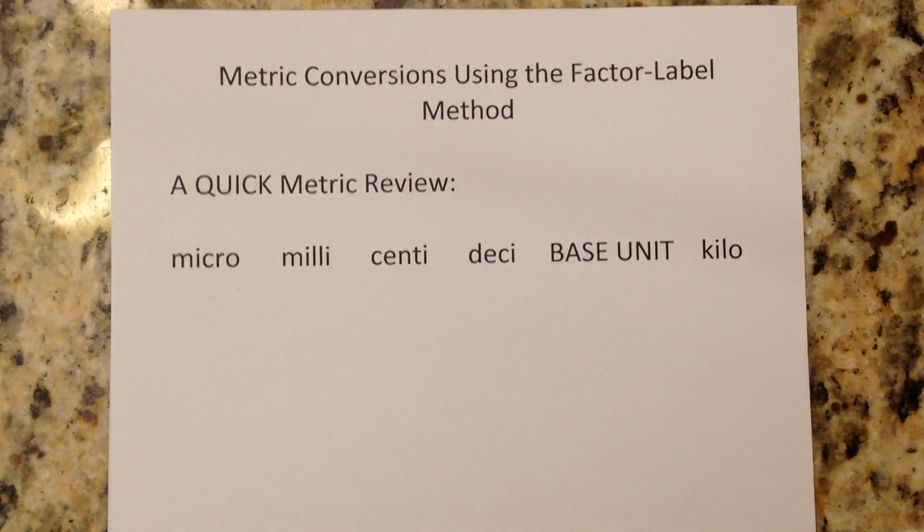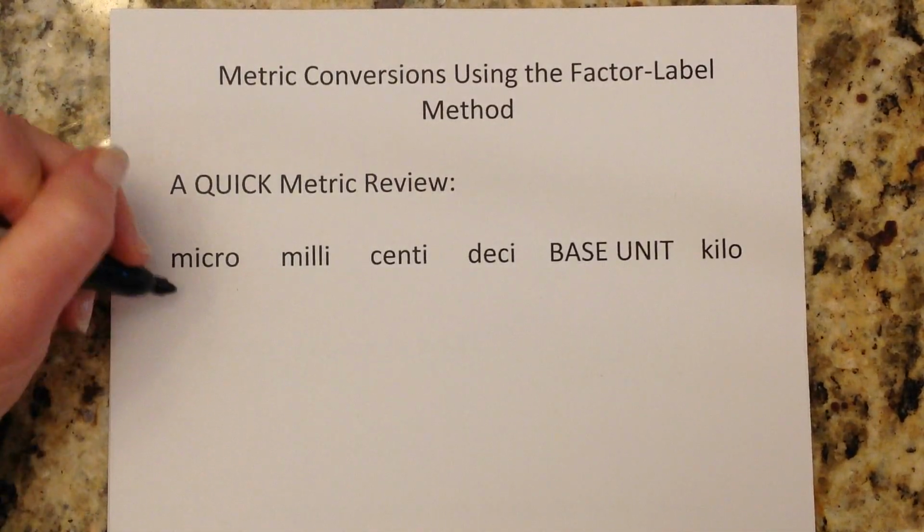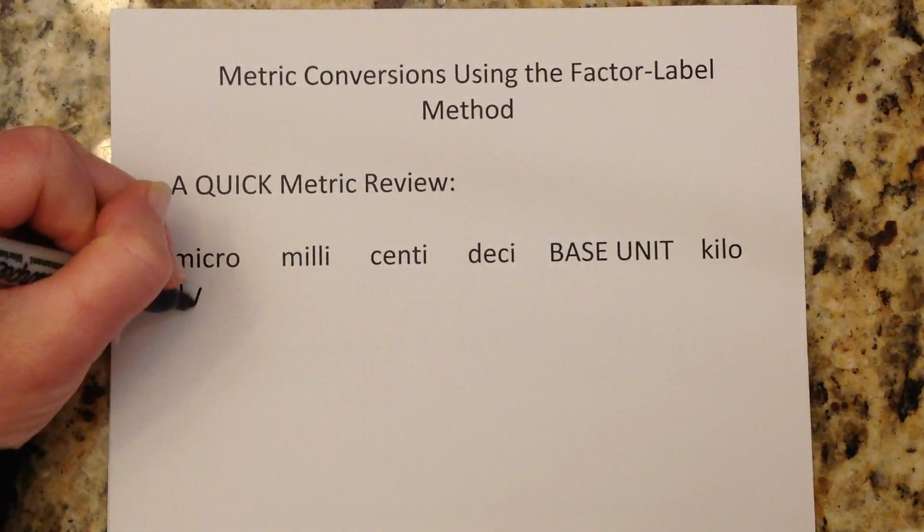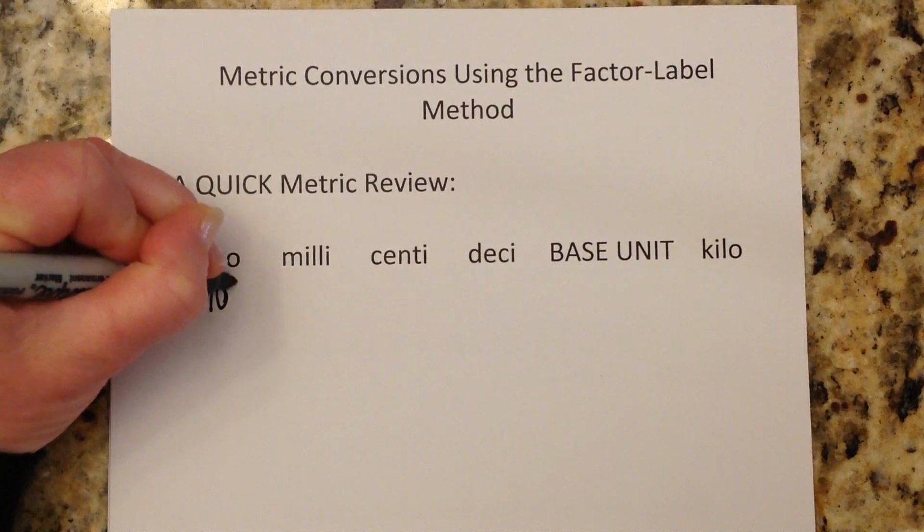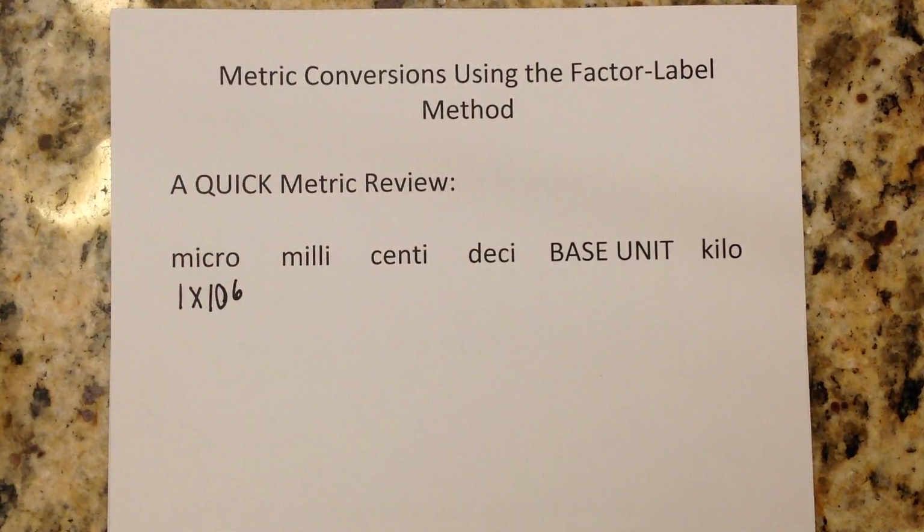So micro is very tiny. That means 1 million, and we write that as 1 times 10 to the 6th. You may be writing it as 1.0 times 10 to the 6th. I also want to point out today I'm probably just going to round 1 or 2 places past the decimal.